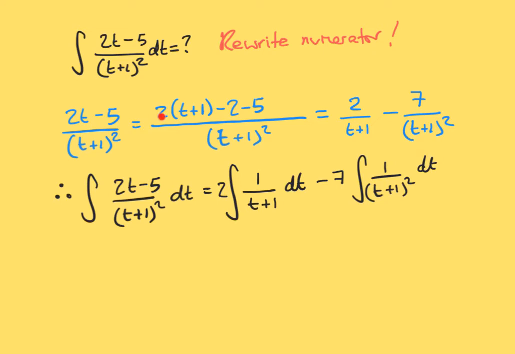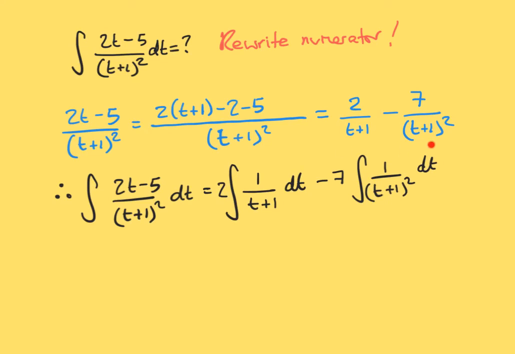So our numerator is 2 times t plus 1 minus 7, and I've now here broken it into 2 pieces, the minus 7 over t plus 1 squared, and the 2 times t plus 1 over t plus 1 squared, and that means we can cancel one of the factors of t plus 1, and we are left here with 2 over t plus 1 to the power of 1.